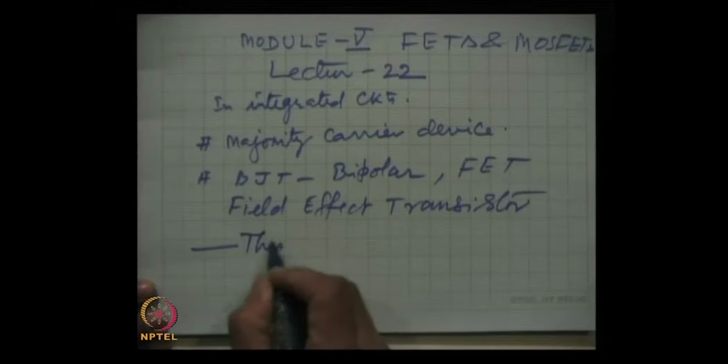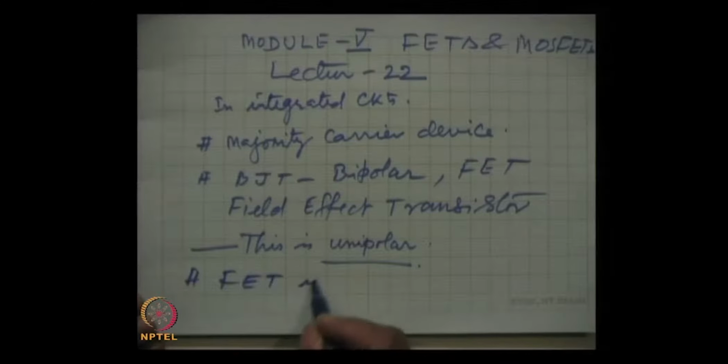In the BJT, we always talked about currents, the emitter current, the base current, the collector current, and the currents flow within the device largely because of diffusion. Diffusion, as you know, occurs because there exists a concentration gradient. Obviously, diffusion is a slower process.